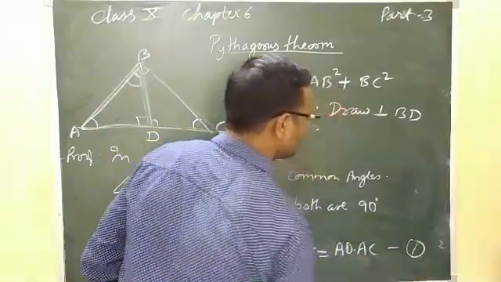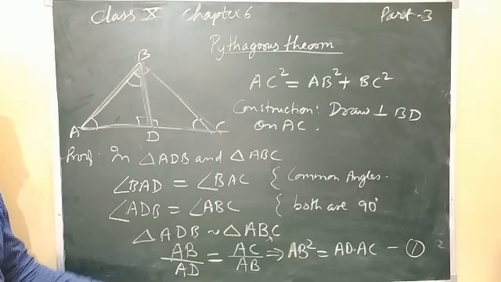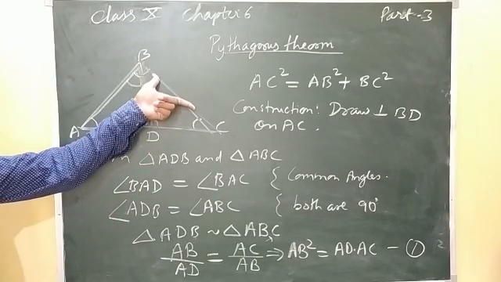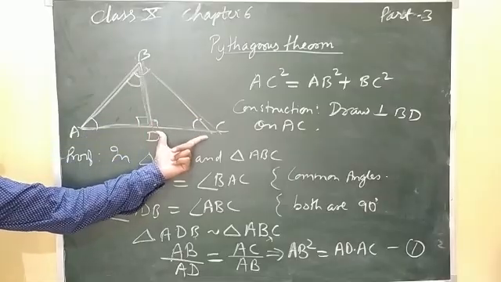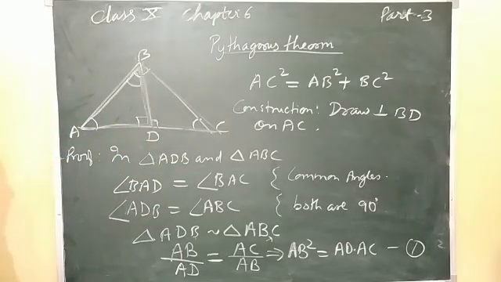This is our first equation, and in the same way we can write BC square equal to DC into AC for the second pair of triangles.